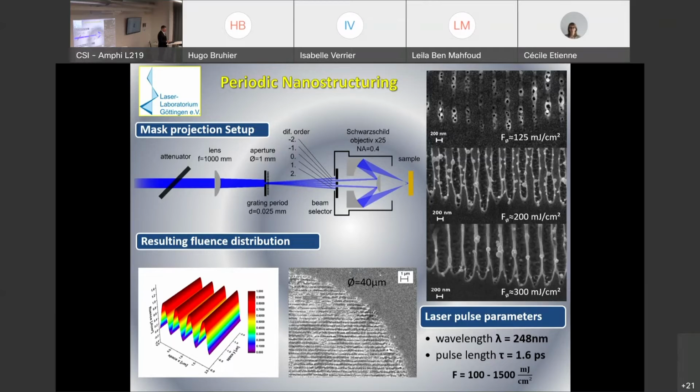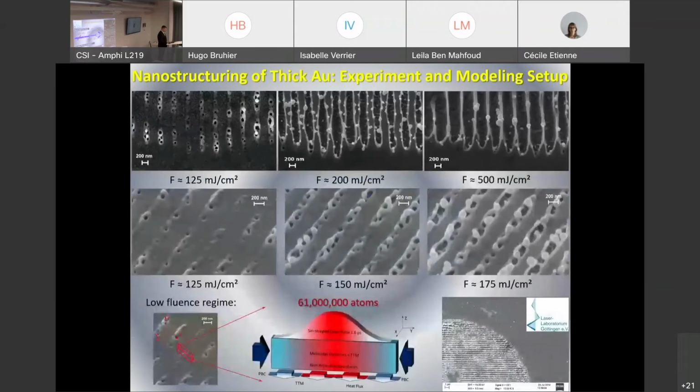As a result of interference of these two beams, we achieved redistribution of the laser intensity of sinusoidal type. And as a result, this kind of periodic structuring of the surface inside a laser spot diameter of 40 microns was achieved. Depending on the applied fluence, these structures have different quality and aspect ratio, and we are going to investigate the mechanism of their formation as well.